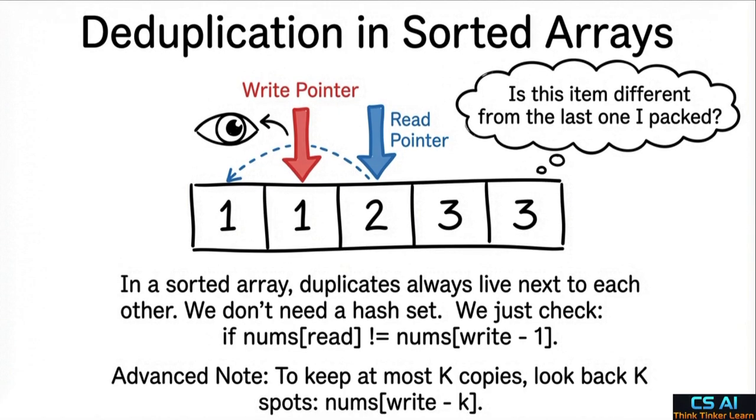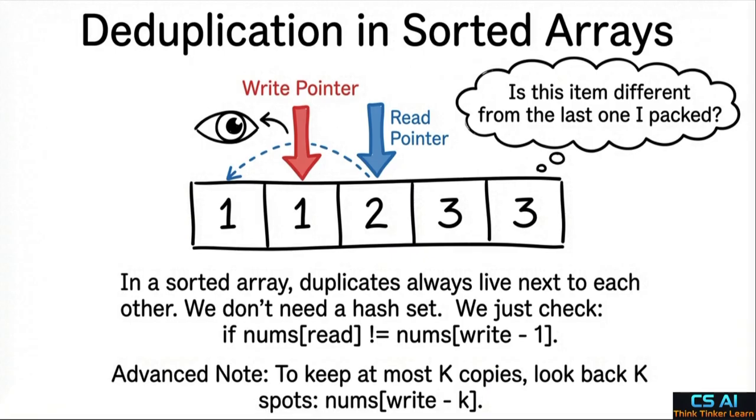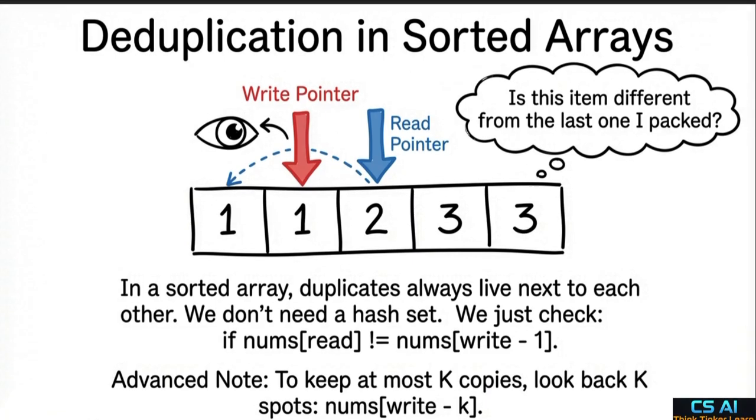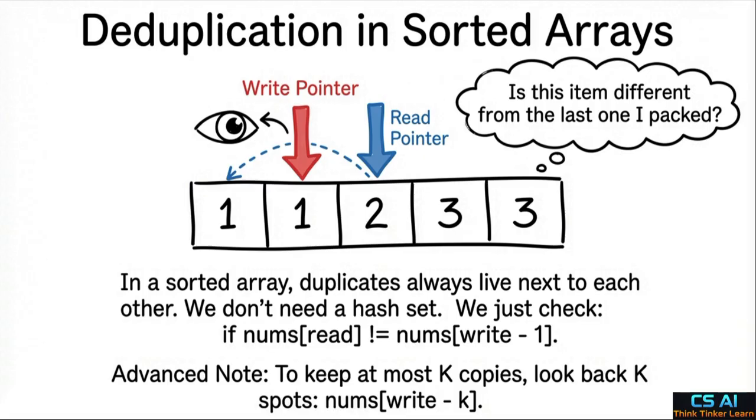A write pointer effectively asks, is the item the read pointer just found different from the last one I packed? In code that's just: if nums[read] is not equal to nums[write minus 1], if it is different, we write it and move forward.